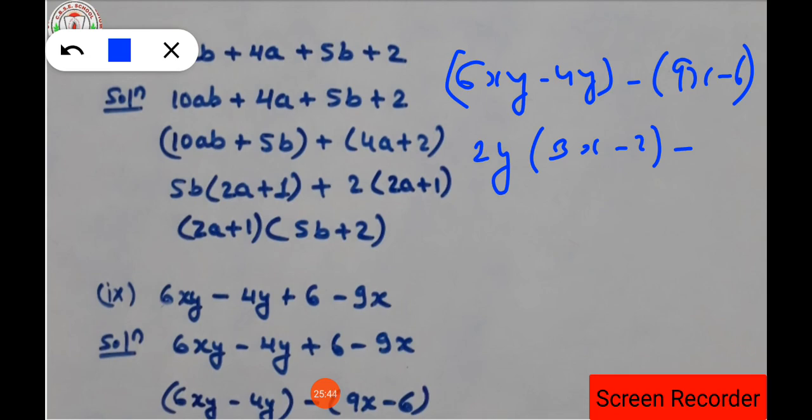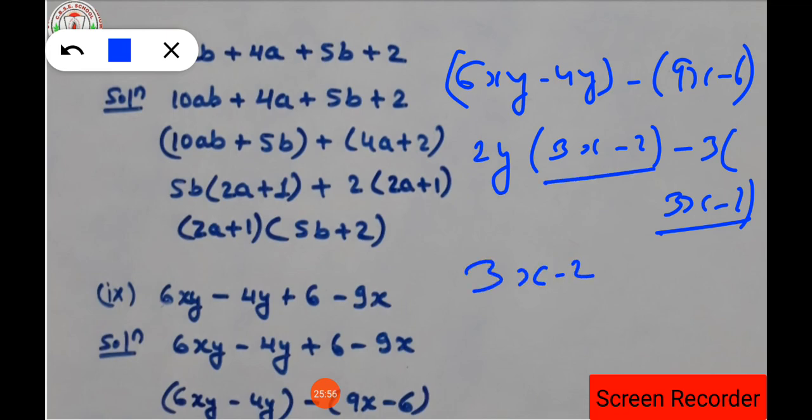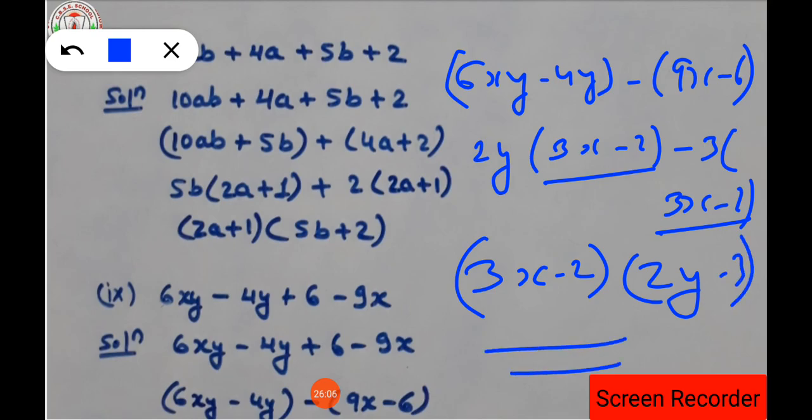So 3 can be taken common. So what is left? That is 3x minus 2. Isn't it? Now this 3x minus 2 and this 3x minus 2 is common for both the terms. So it can be taken common. So 3x minus 2 into, what is left out when we take it as a common? 2y minus 3. So this is the required answer for the 9th question.